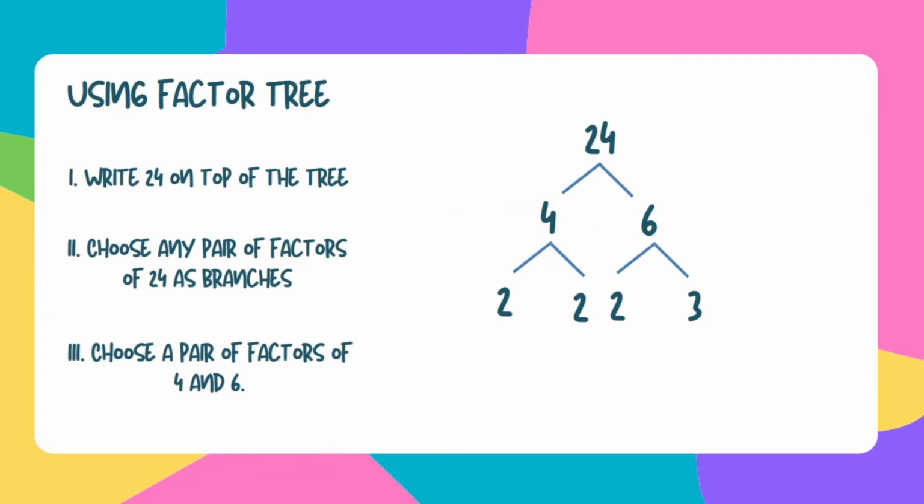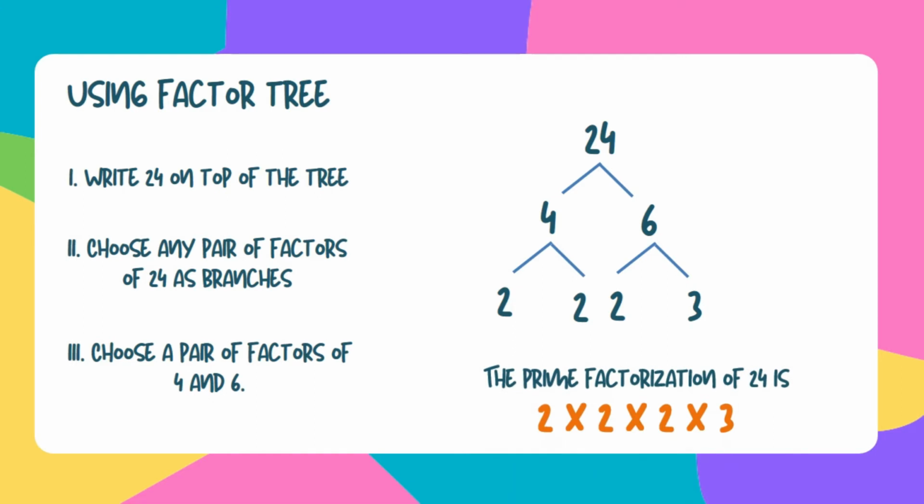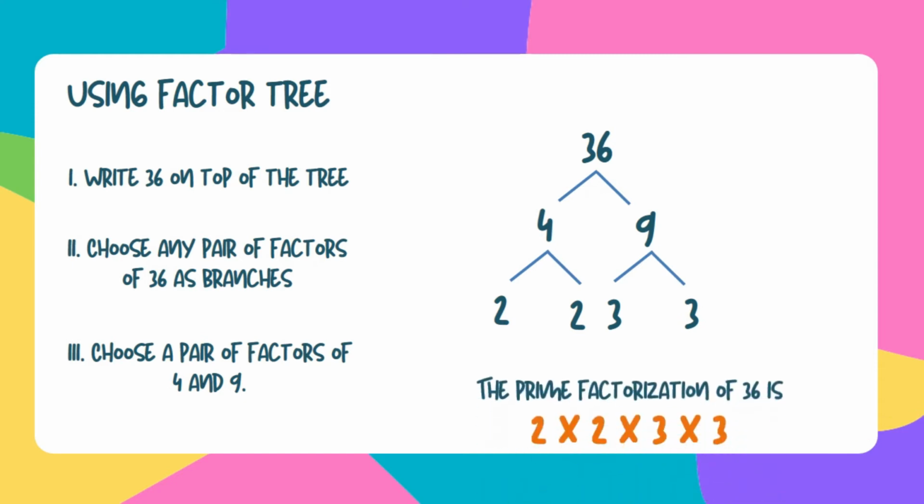Using factor tree, the prime factorization of 24 is 2 times 2 times 2 times 3, while the prime factorization of 36 is 2 times 2 times 3 times 3.